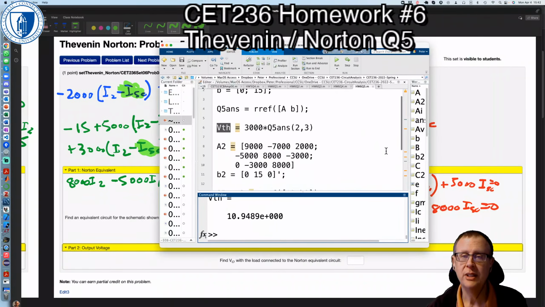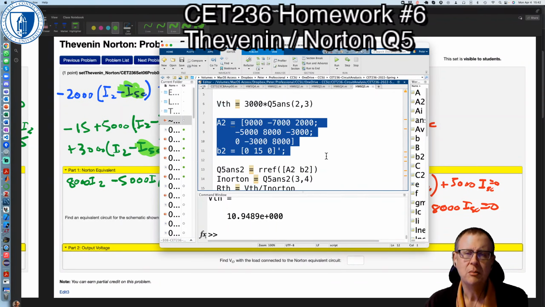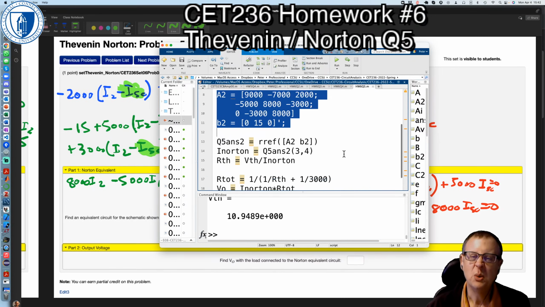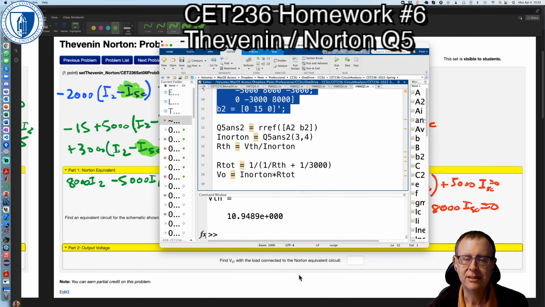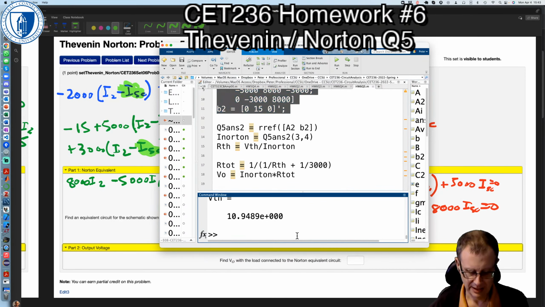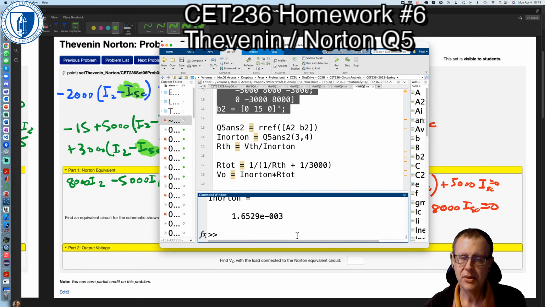And then we can put that, it's a slightly larger equation this time. It's a 3 by 3 because there's 3 unknowns, there's 3 mesh currents. And if we do all that, then we can find the Norton current. And the Norton current comes out to be 1.653 milliamps.